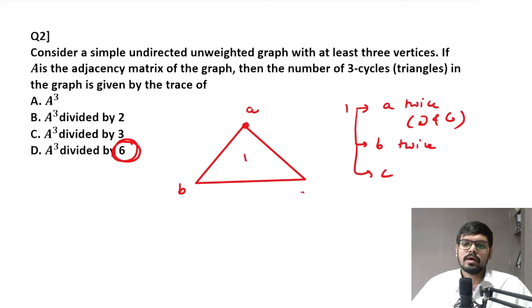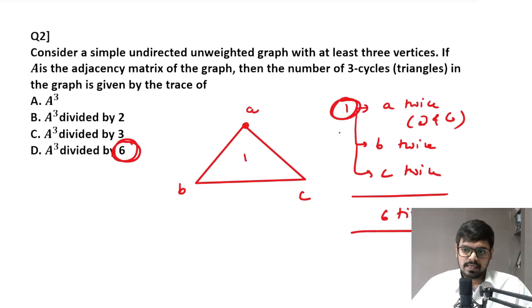C also twice. So twice plus twice plus twice is 6 times. So this triangle was repeated 6 times, and therefore you say trace of A cube by 6.